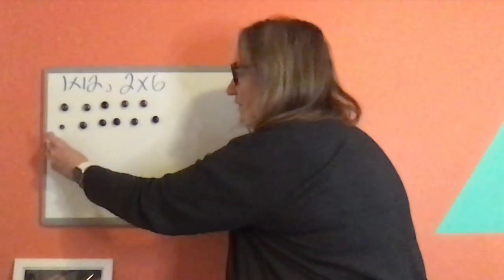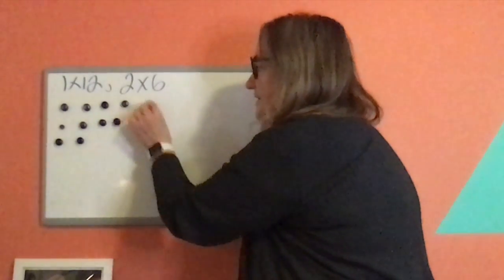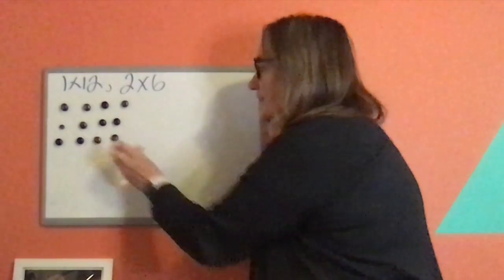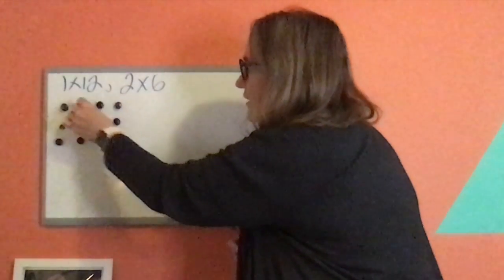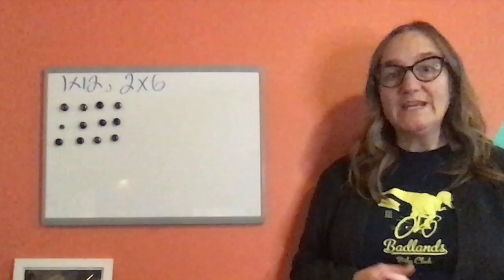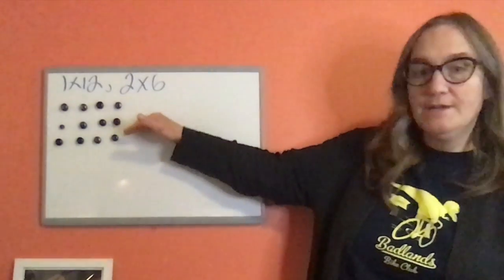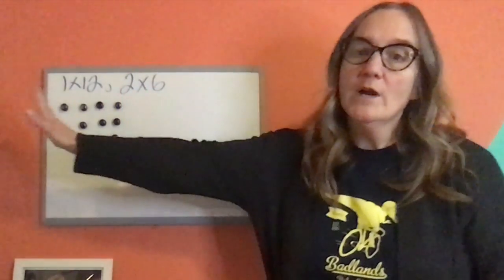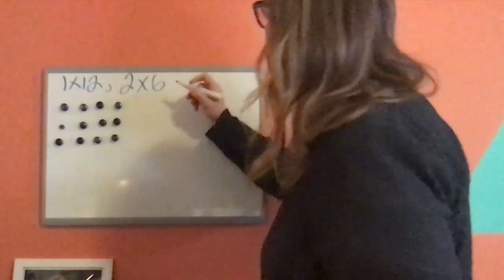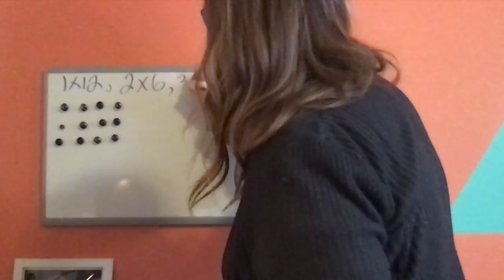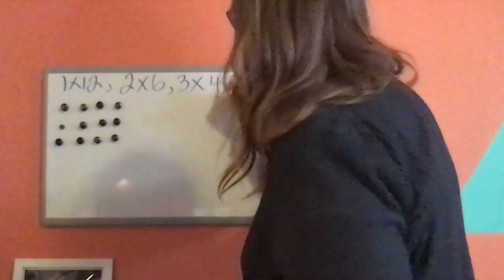So let's do this again. We are going to start moving counters and see if we can get 3 rows. So it's not the neatest, but we can do 3 rows of 4. So we have another equation that will make 12. 3 times 4.